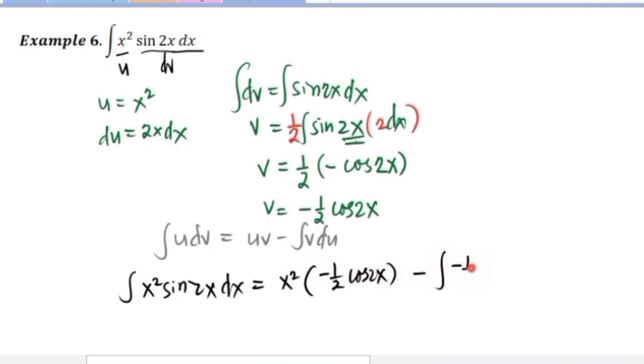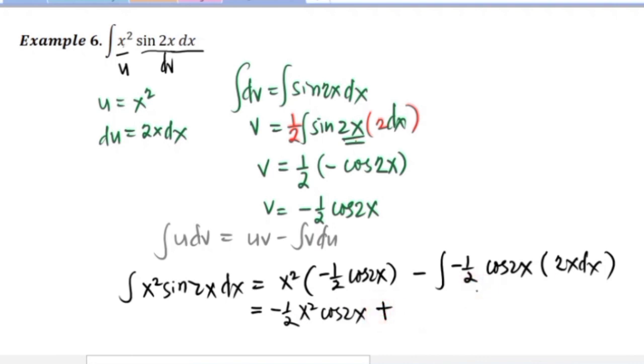So that's negative 1/2 cosine 2x multiplied by du. So that's 2x dx. Simplifying, we have negative 1/2 x squared cosine 2x, and this would be positive, so 1/2 times 2, so that's 1, integral of x cosine 2x dx.